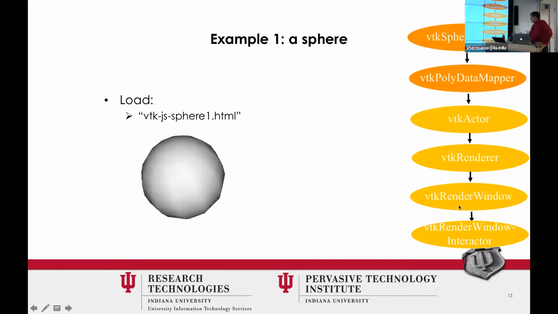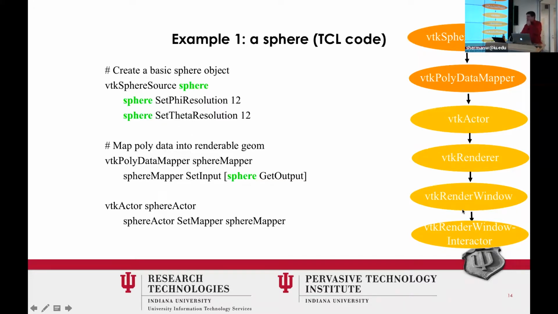And we'll see the sample code in a moment. And then we have our renderer, which produces pixels, which gets sent to the render window. And then they've added this last one where we have an interactor. So if you have mouse events or keyboard events, that's kind of looped in here, and we can make some manipulations there. So here's the old Tickle code for that.